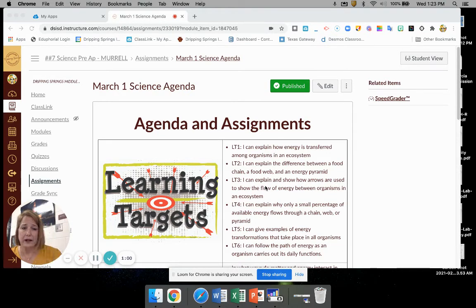We recognize that arrows are used to show the flow of energy. They point in the direction that the energy is traveling, so they point to the organism receiving the energy. We know that only a small percentage of available energy flows through a chain or web or pyramid. It's actually 10% between the trophic levels.